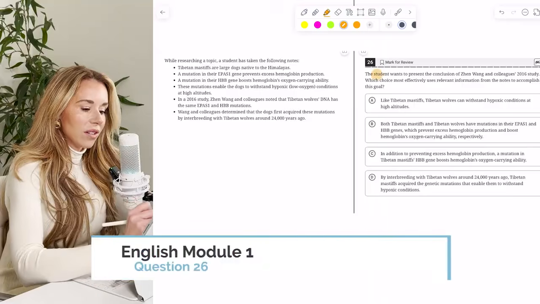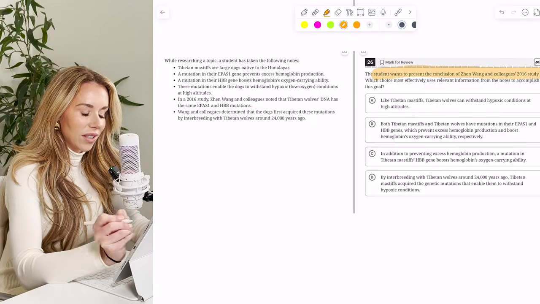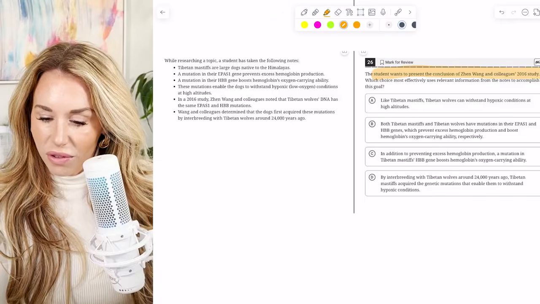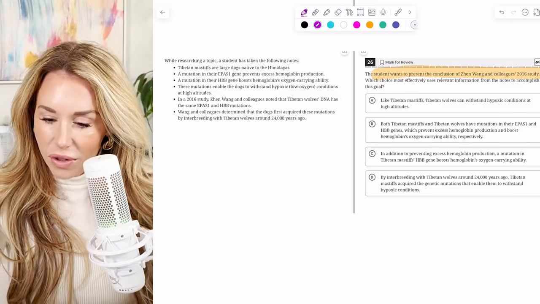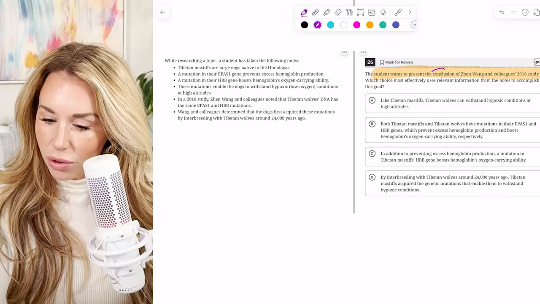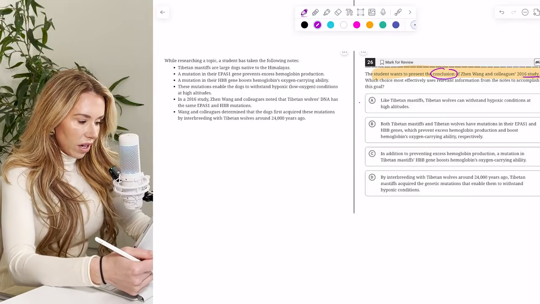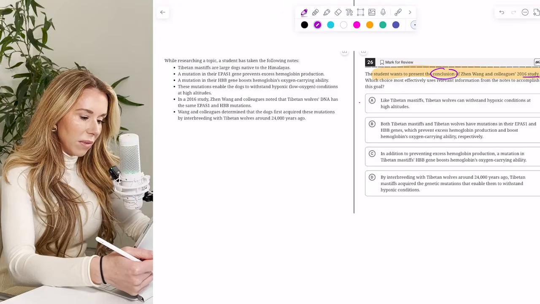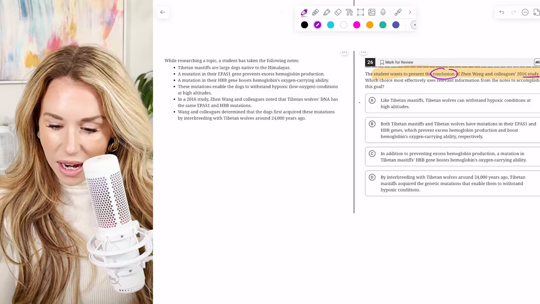All right. And this one, it says the student wants to present the conclusion of Zhen Wang and colleagues' 2016 study. Which choice most effectively does that? Okay. So again, not going to read the notes right now. I'm looking for a conclusion of a study. So let's go through and check these. It says, like Tibetan Mastiffs, Tibetan wolves can withstand hypoxic conditions at high altitudes.